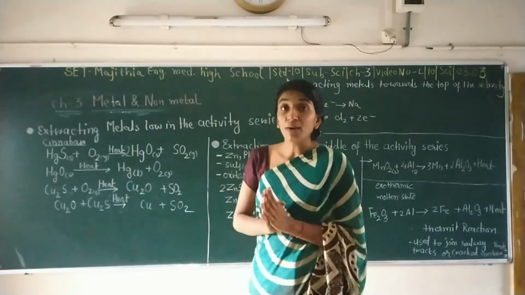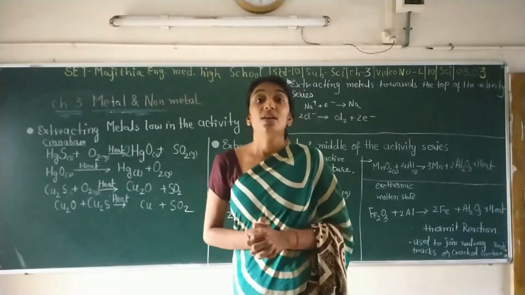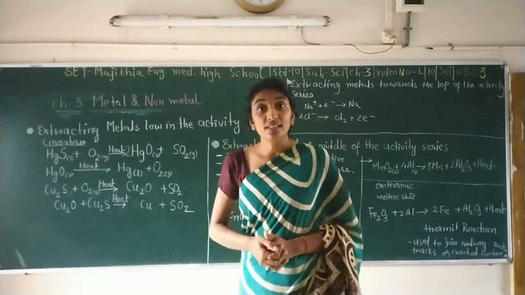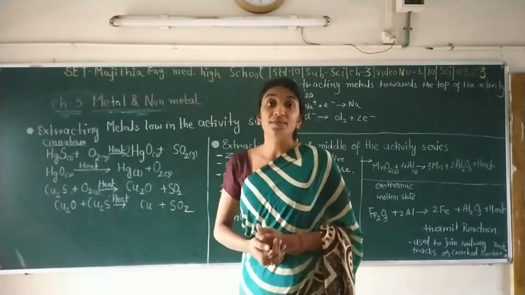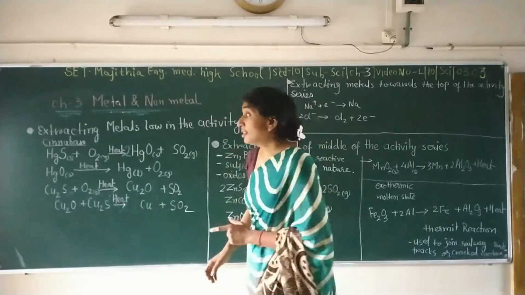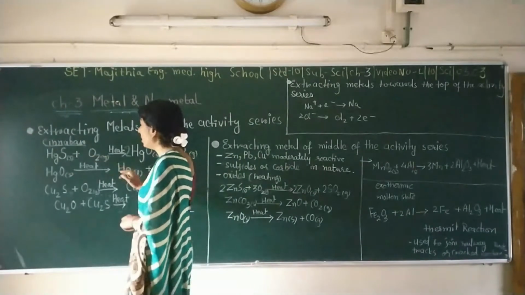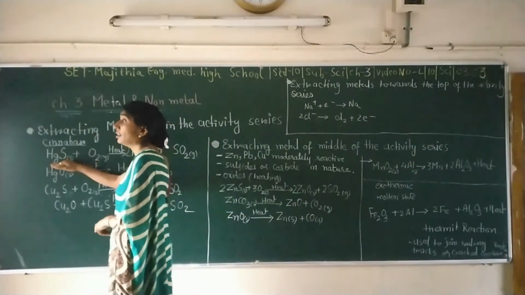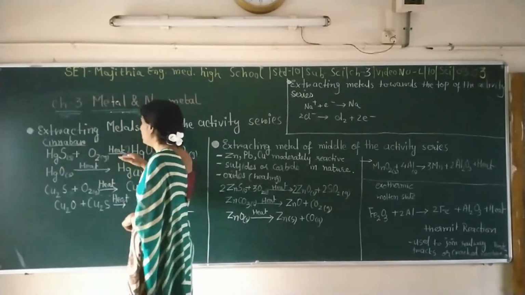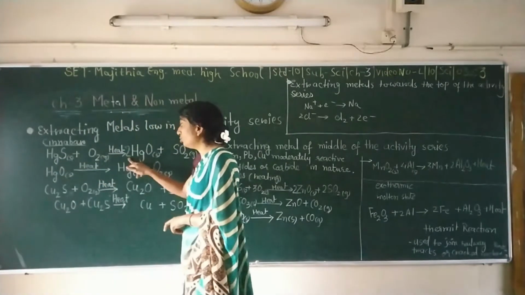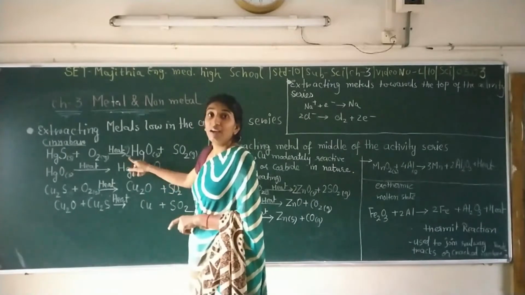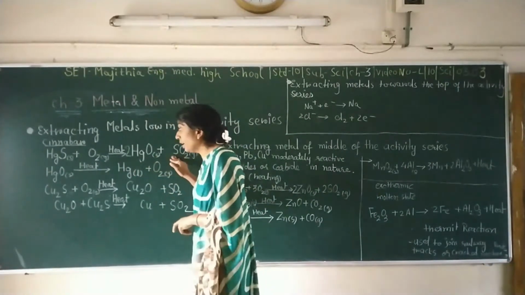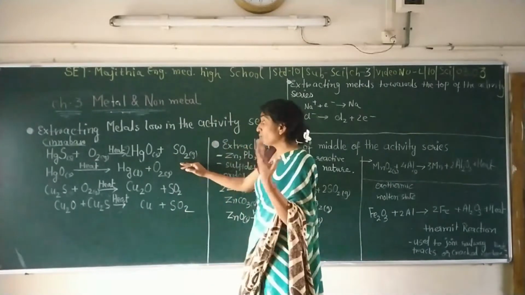Over here we have an ore named cinnabar, which is HgS. Hg is the symbol of mercury, and S is sulfide. From the mercury sulfide, we need to obtain mercury. In the presence of oxygen, if I heat this mercury sulfide, it is converted into mercury oxide, and sulfur dioxide evolves.